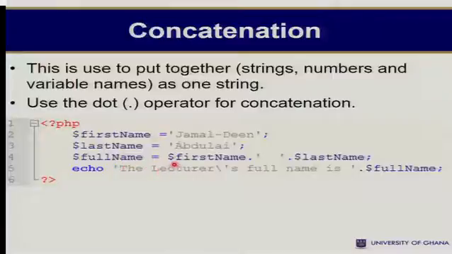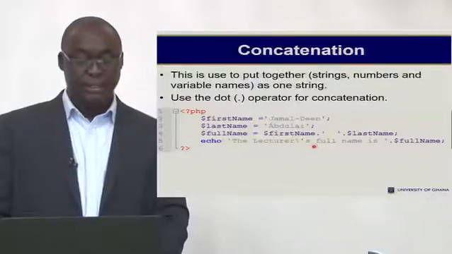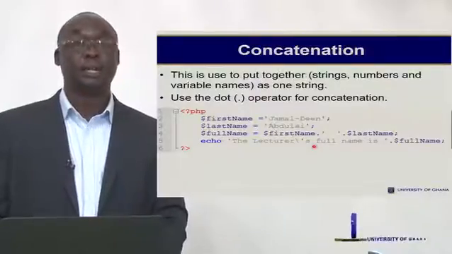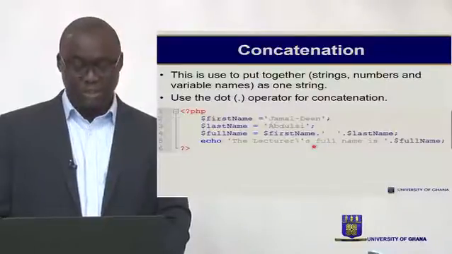My full name is going to be the first name variable with the concatenation sign, which is the dot or period, and the space I want between the two names, and then the dot to specify that I'm concatenating this with that. Once this line is executed, full name is now going to contain Jamaldeen space Abdullah, and this should echo out the full name. So it's quite handy to use concatenation to echo out whatever text you want to echo out.